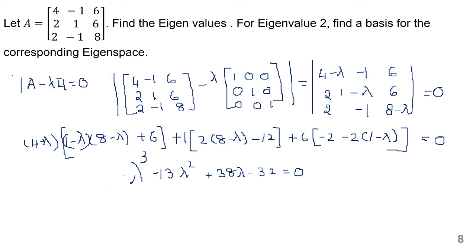Use your calculator to obtain the eigenvalues. The eigenvalues obtained are lambda 1 is equal to 9.27, lambda 2 is equal to 2, and lambda 3 is equal to 1.72. In the problem, we are asked to get the eigenvector only for lambda equal to 2. We need to find the eigenvector corresponding to eigenvalue lambda equal to 2.